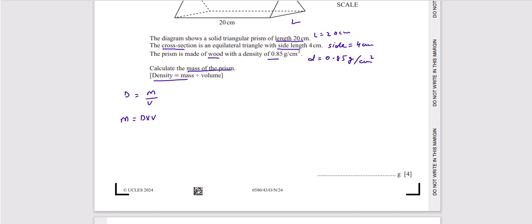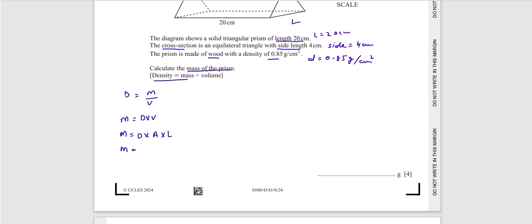Volume is equal to A multiplied by L, A is area and L is length.